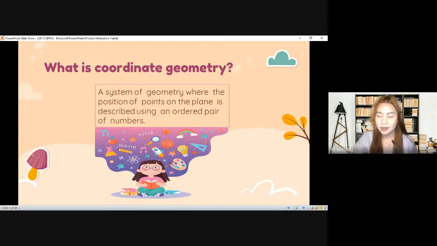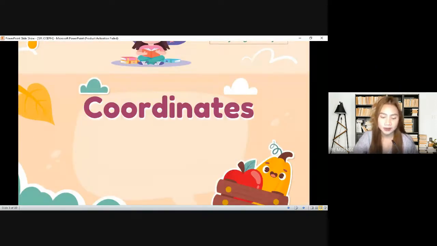Some people call it analytic geometry, which is the other term for coordinate geometry. Later on, we will be unpacking the different terms involving coordinate geometry, and with the provided formulas, we will see how we can solve the given problems. Let's move now to the next slide, which is the coordinates.